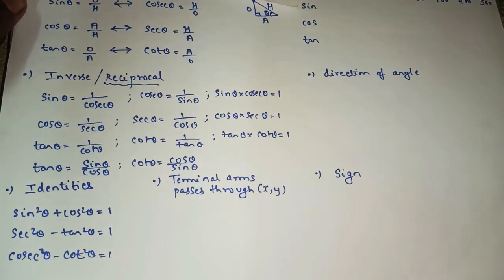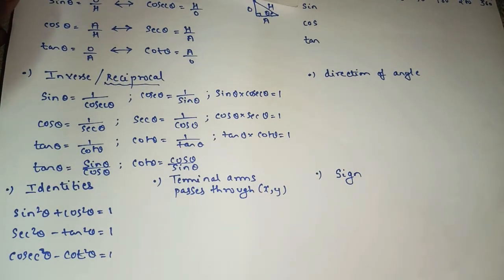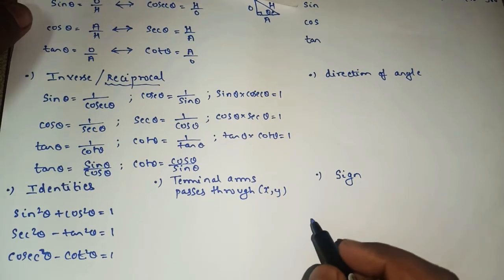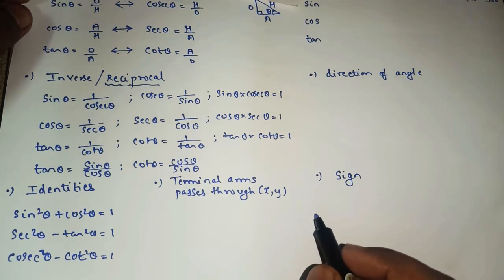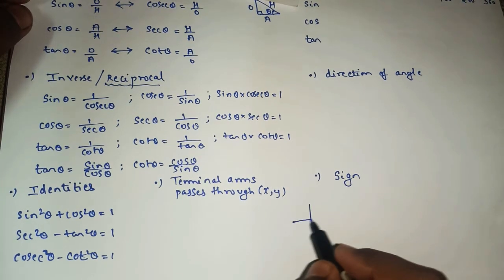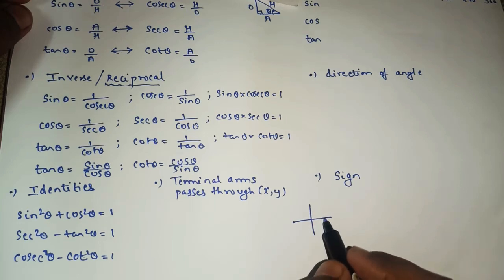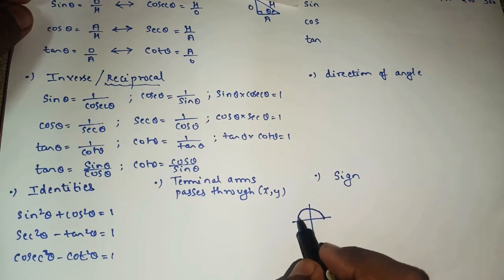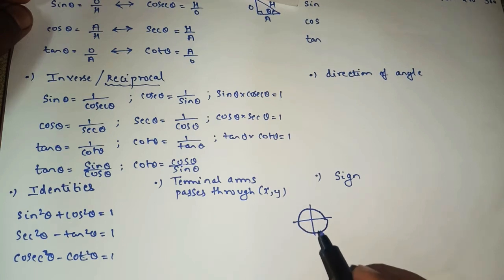So now we'll see when a terminal arm passes through x comma y. When it passes through x comma y, what does it mean? Here I will show it by this small graph.